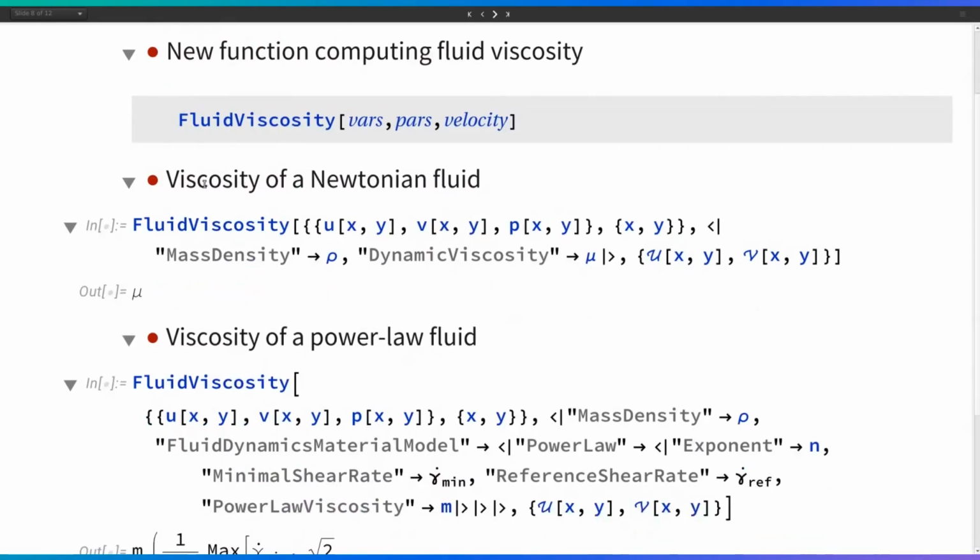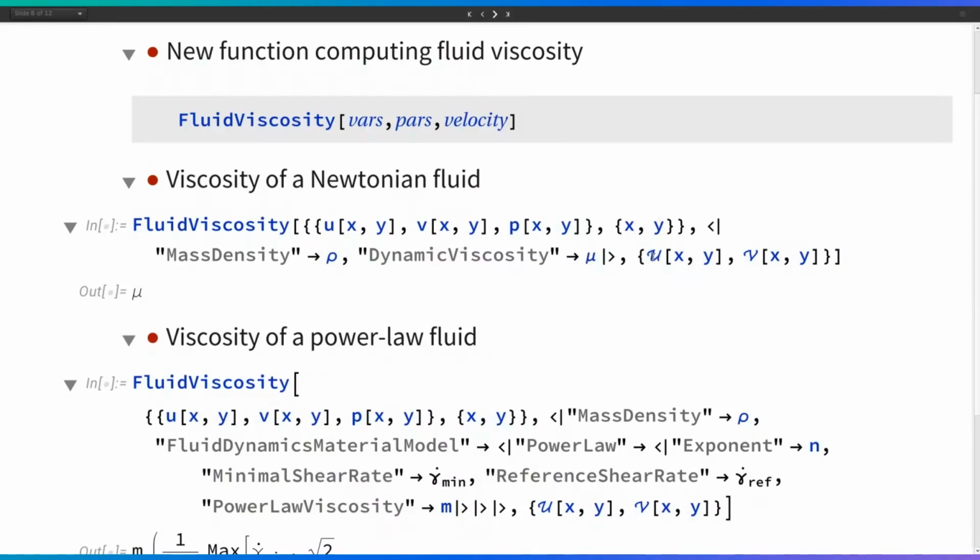So here we have an example for Newtonian fluid. The variables here are the standard variables that are utilized by the fluid flow PDE component, and the parameters are also the same that are used by the fluid flow PDE component. The velocity is just the solution to the equations.